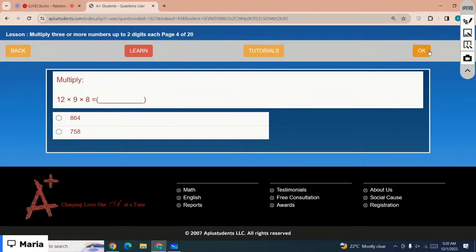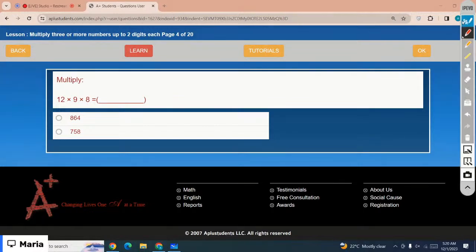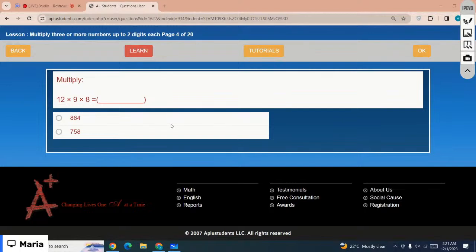No, you are not interested to do multiplication. 12 times 9 is 108. Now you have to do 108 times 8. Let's just do 8 times 8 is 64, 4 and 6. 8 times 1 is 8. That is 864. Yes, option number 1 is the correct option. That is 864, right?